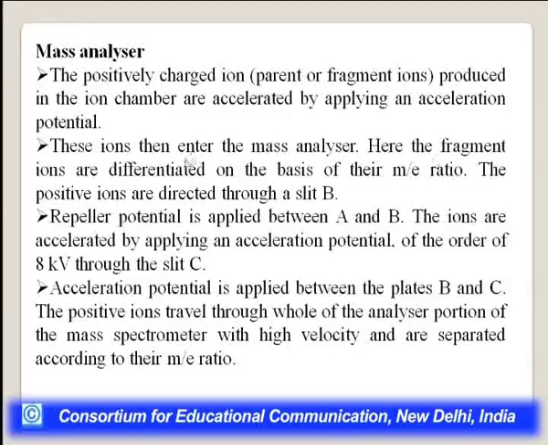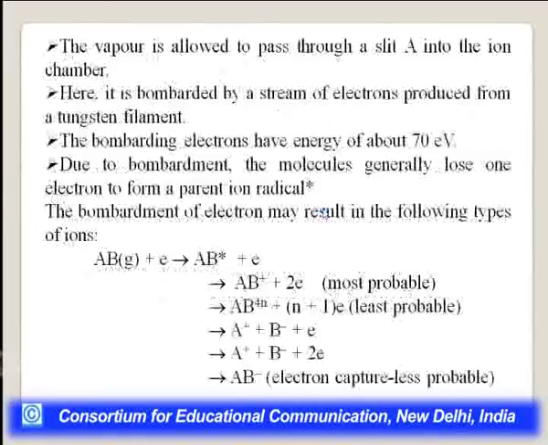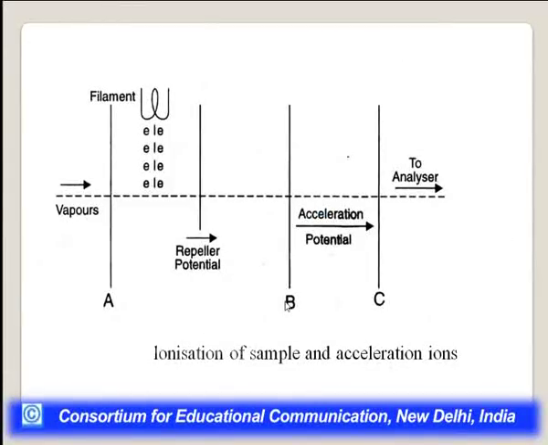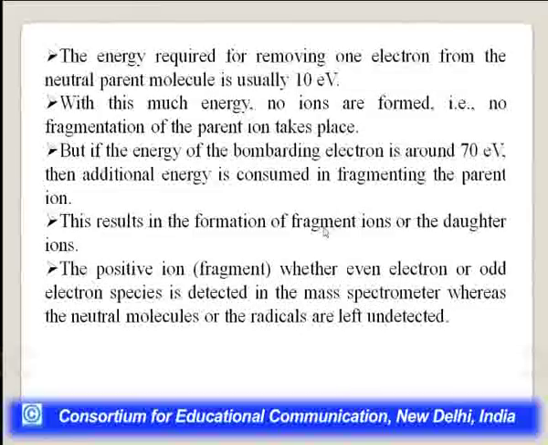Here the fragment ions are differentiated on the basis of their mass to charge ratio, and the positive ions are directed through a slit B. I have shown you, this is the slit B. Only the positively charged ions will be accelerated by the acceleration potential, and this results in the formation of fragment ions or the daughter ions.